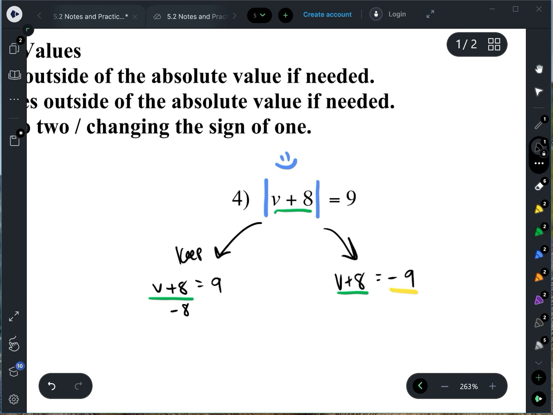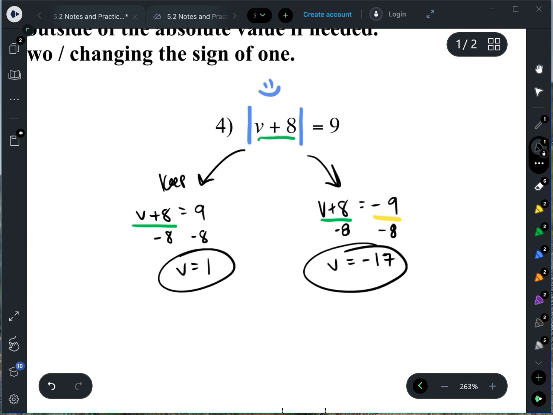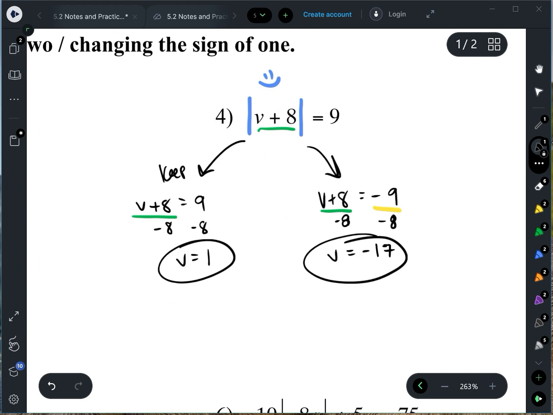Then those should be easier problems for you to solve. If we subtract 8 from each side, v equals 1, and v equals -17. So it's a little bit different in that case, not just positive and negative.